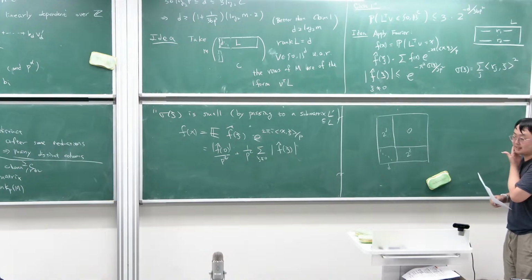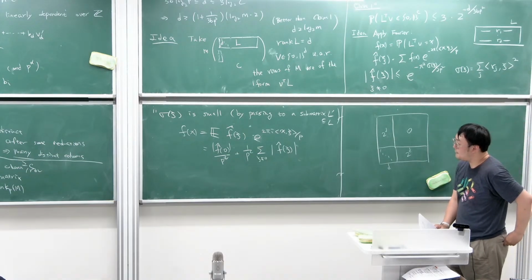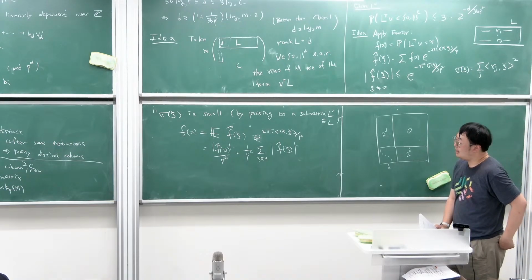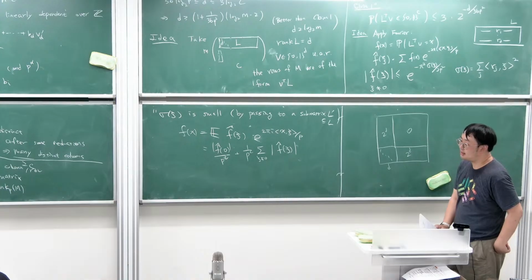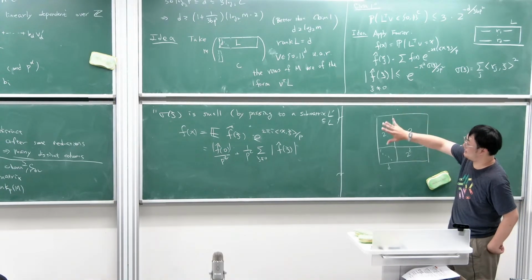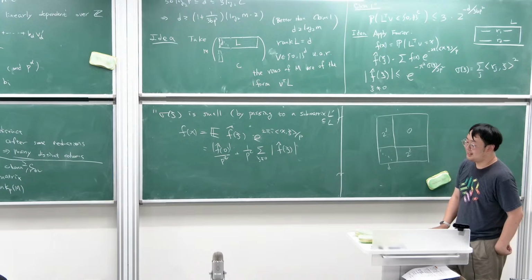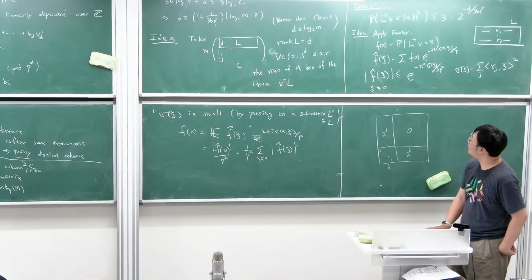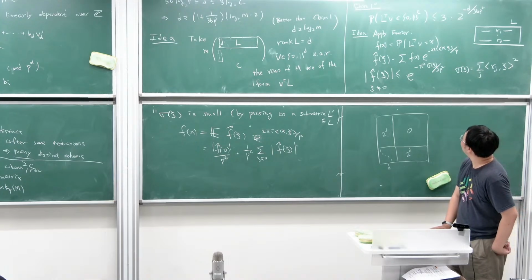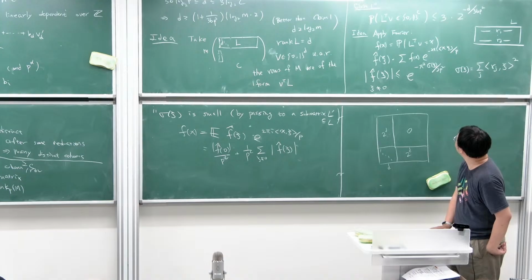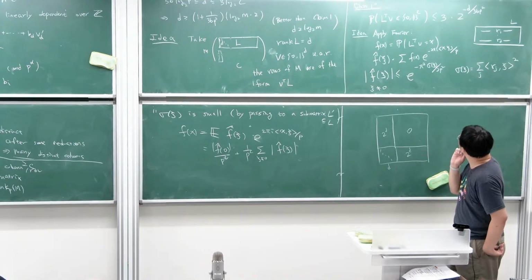Can I ask something? What happens if p is 2? So when p is 2, then any linear combination falls into a 0, 1 vector, right? Yeah. So the whole thing doesn't work. Right. So where does the argument go wrong? Good question.